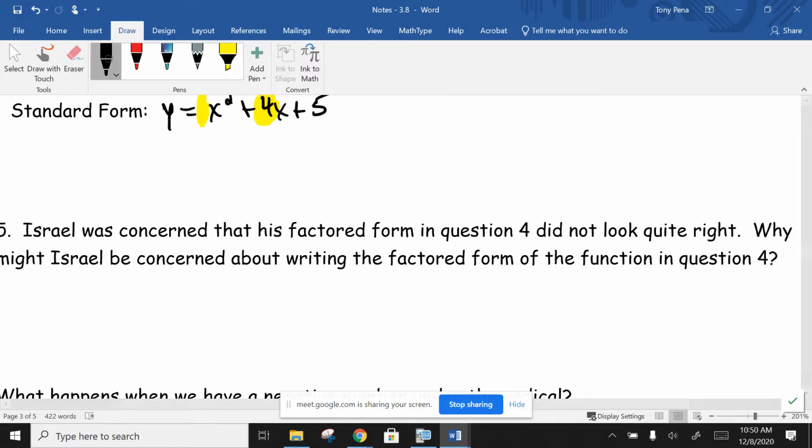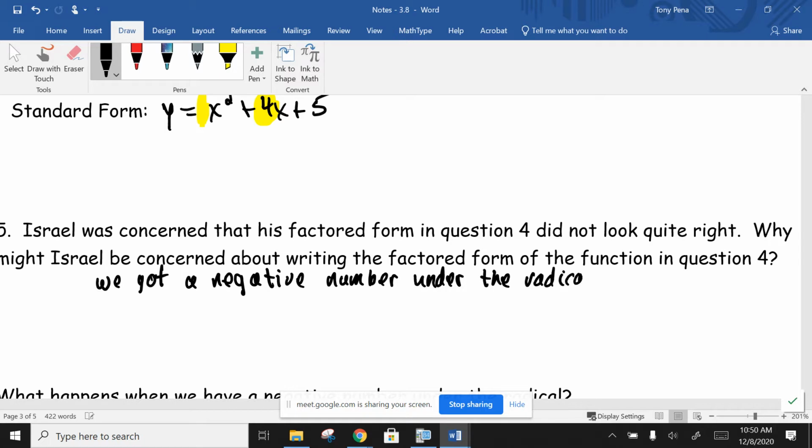So what we're going to write for this 5th question is we got a negative number under the radical. That means we don't have any real solutions, but we do have something called non-real solutions, as long as we trust what our calculator is telling us.